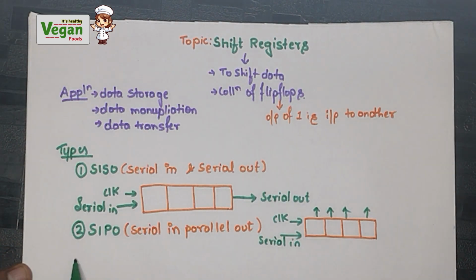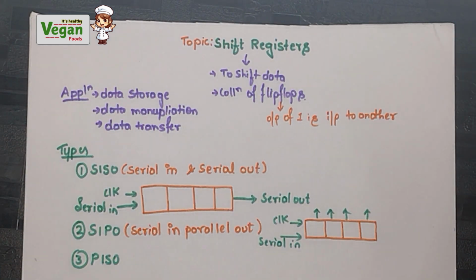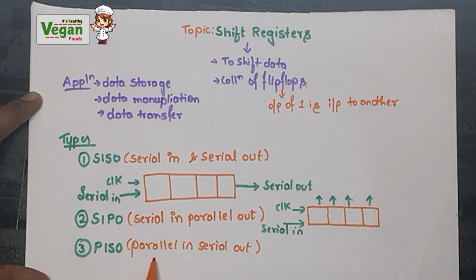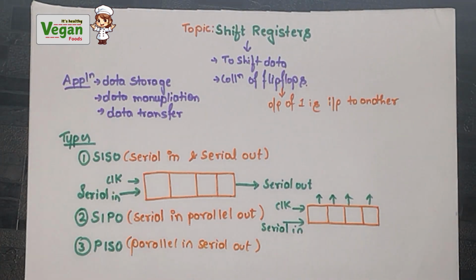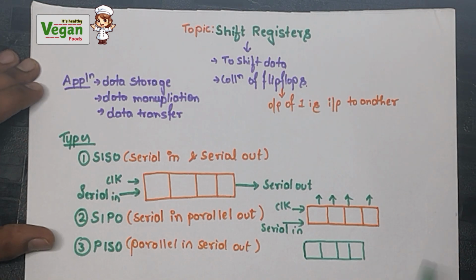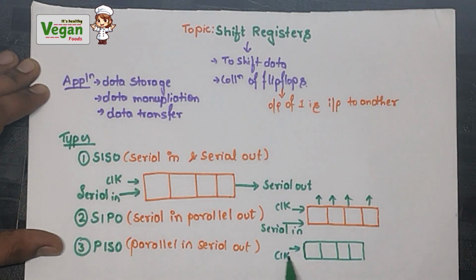Next, the third one is PISO. What is PISO? Parallel in and serial out. Now the input is given in parallel, but the output will be in series. Same as before, let's consider the 4 blocks, that is the combination of flip-flops, and clock is the common input.